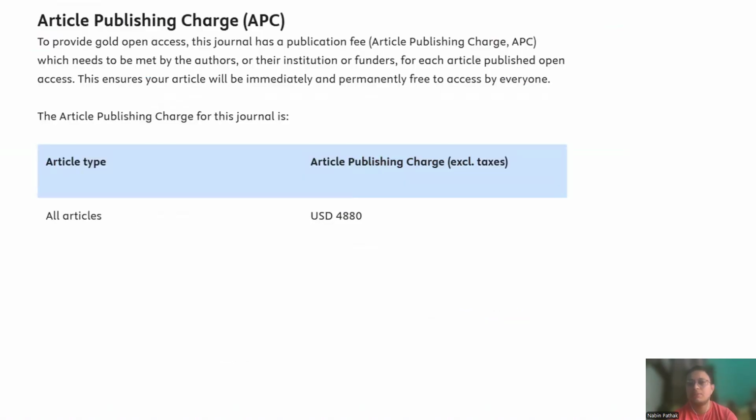In the same journal, you can also see that the article processing charge for all articles, exclusive of taxes, is USD 4,880, which is a huge amount for publishing an article, that is, to make it open access.